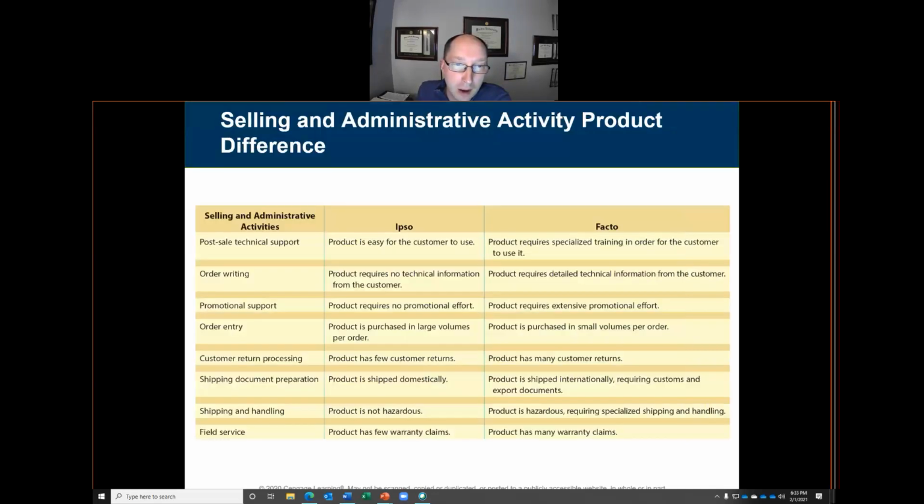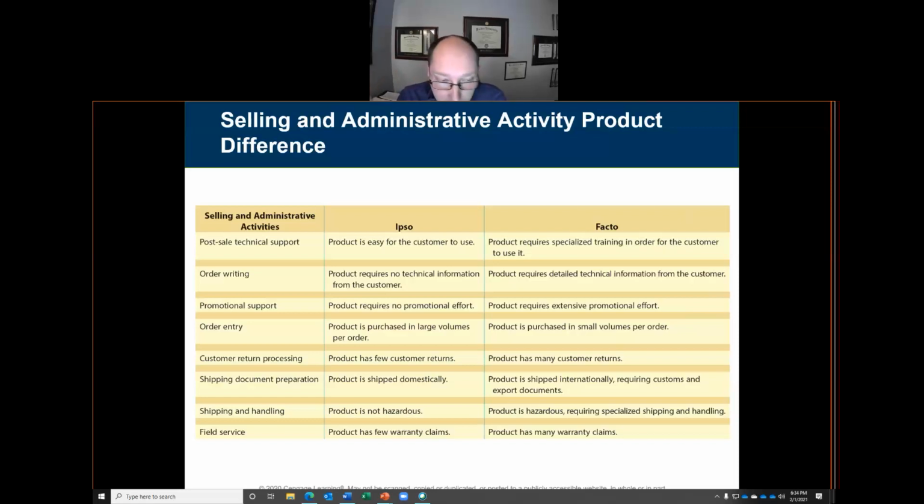In some cases, companies will identify their selling and administrative expenses differently, depending on the activities associated with them or the way that they expense them out. What do I mean? Selling and administrative expenses are activities.